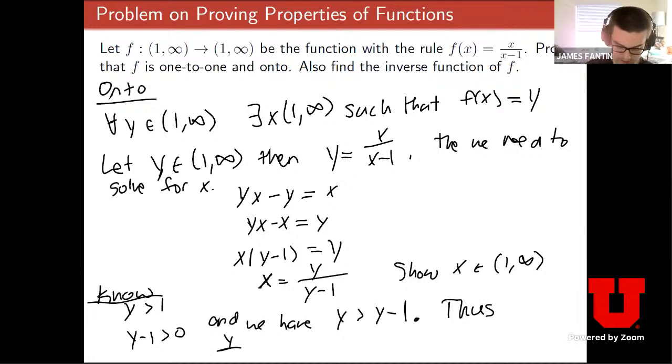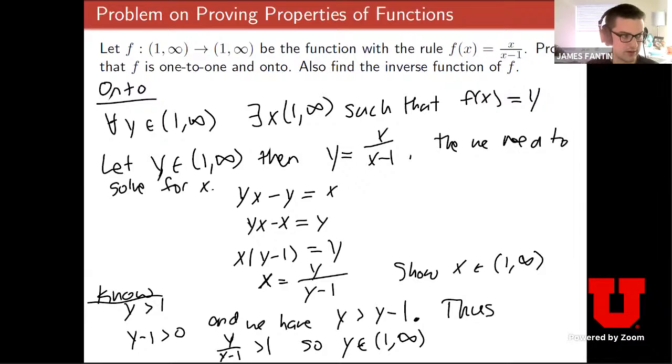So thus, y over y minus 1 is also greater than 1. And so it's in the range from 1 to infinity. And it's well defined because we know that the denominator is strictly greater than 0, so it's impossible for us to divide by 0. So you know that this element had to have been in our domain.